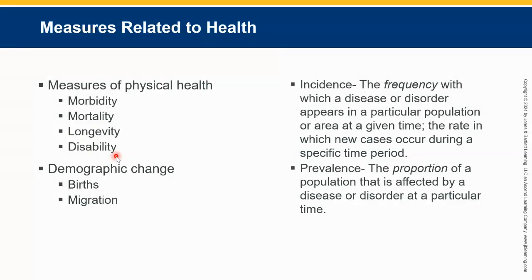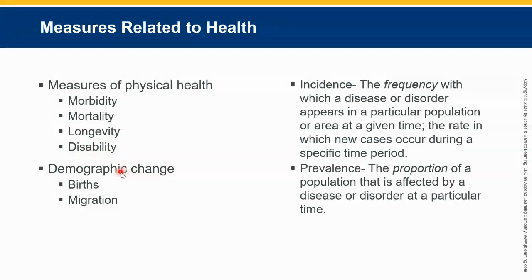ADLs, or activities of daily living, include things like feeding, bathing, dressing, toileting, transferring, those types of things. Sometimes people have a physical disability, they have an amputated foot, or they're so short of breath because of heart failure or COPD that they can't dress themselves, they can't shower themselves.